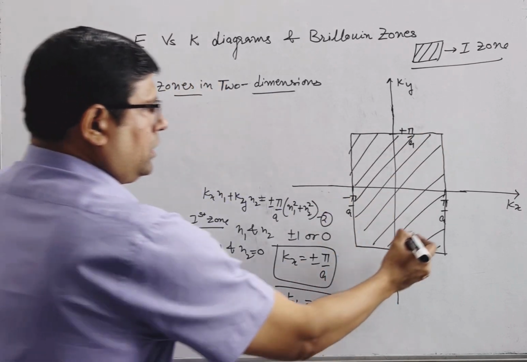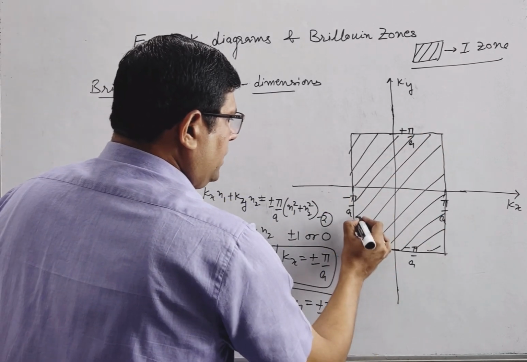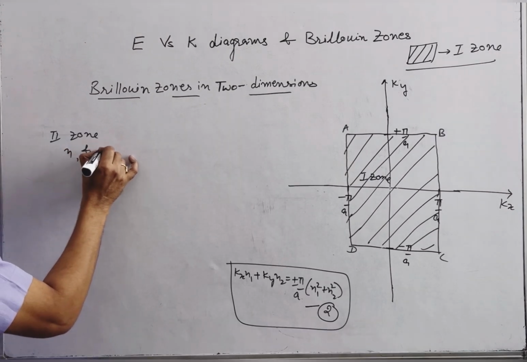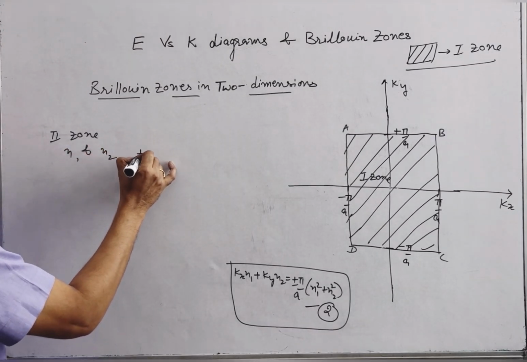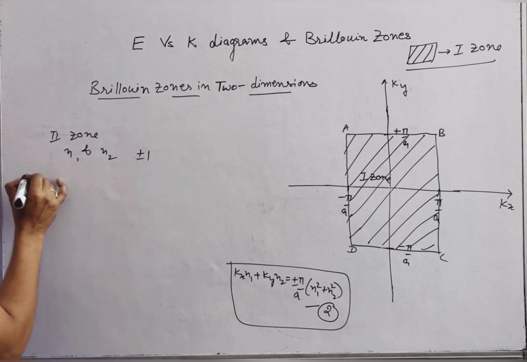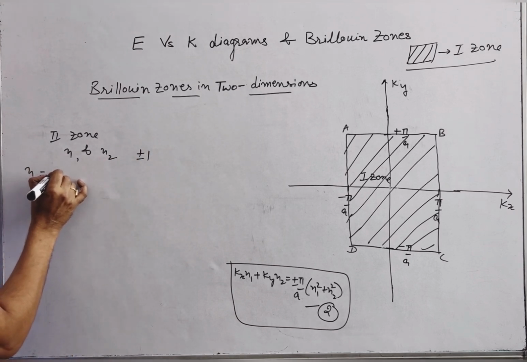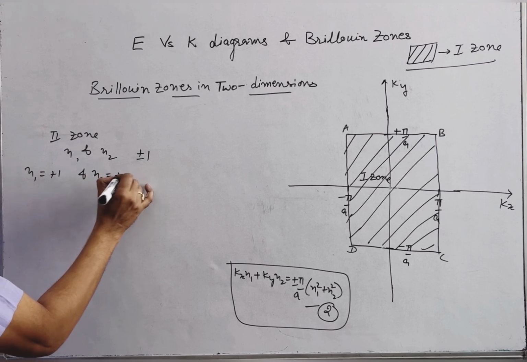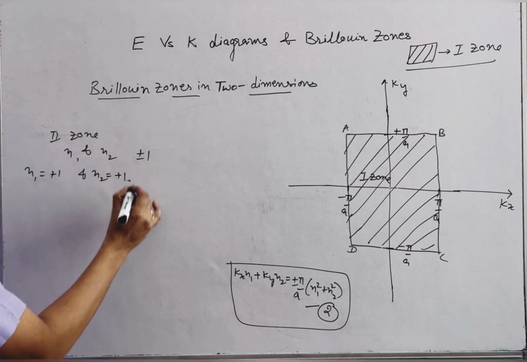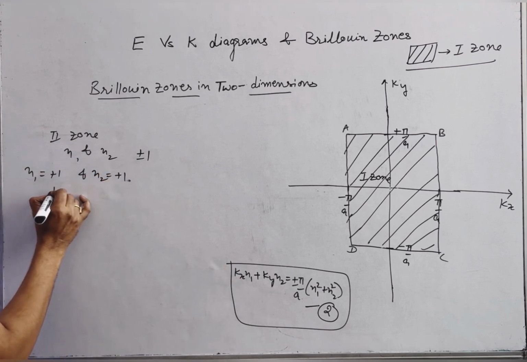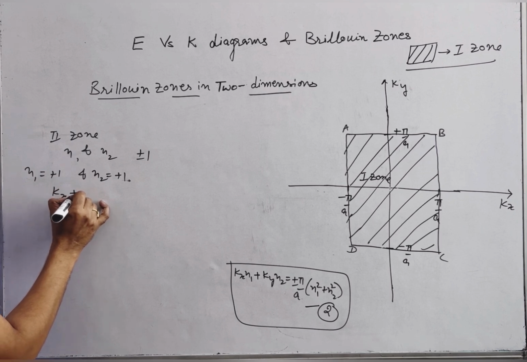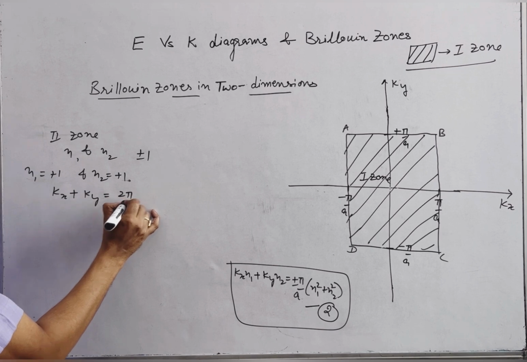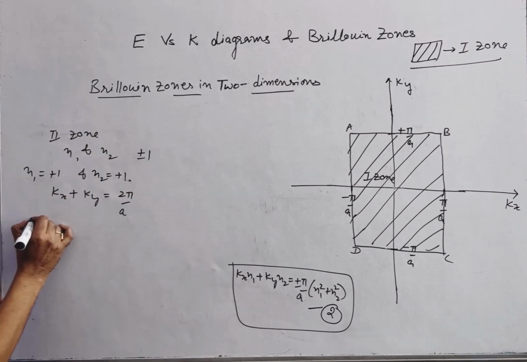Okay. Now we will sketch the second Brillouin zone. n1 and n2 will take the values plus minus 1. Let n1 equal plus 1 and n2 also plus 1. Then this condition becomes kx plus ky equal to 2 pi by a.